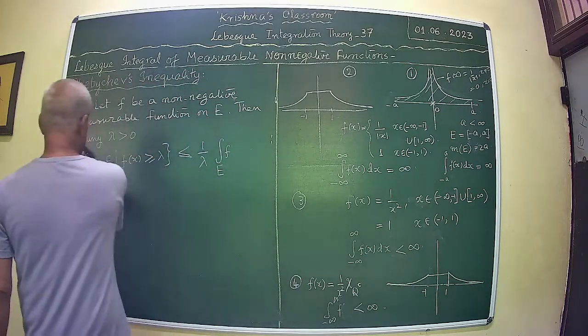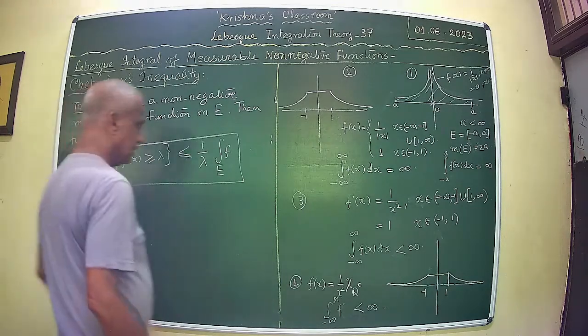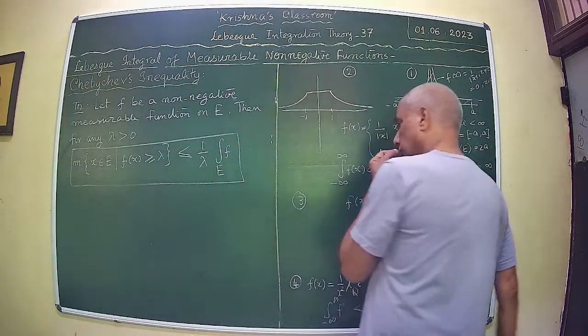This is the Chebyshev inequality. Now you see, this inequality gives lot of information.